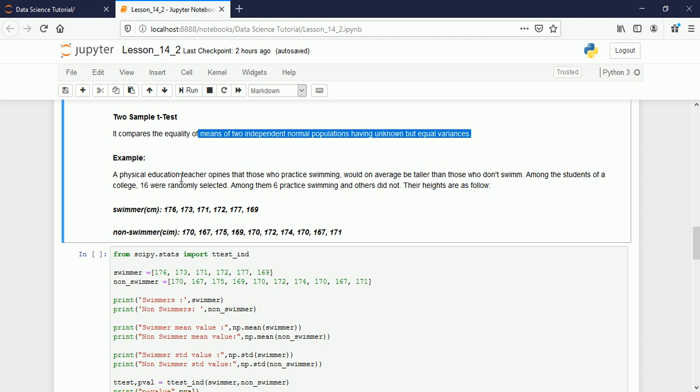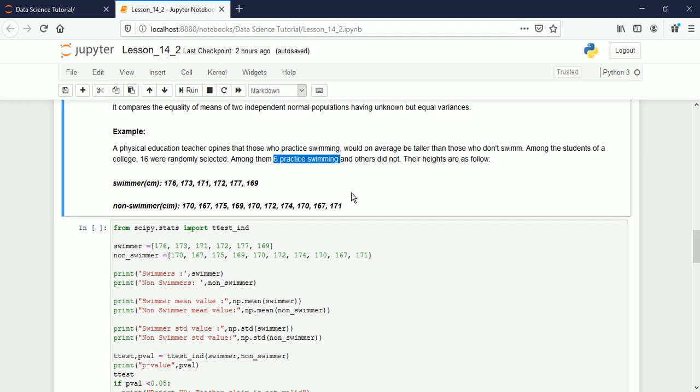A physical education teacher opines that those who practice swimming would on average be taller than those who don't swim. Among students of a college, 16 were randomly selected. Among them 6 practiced swimming and the remaining did not.